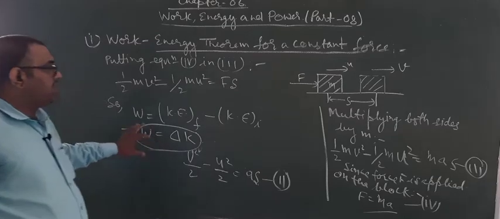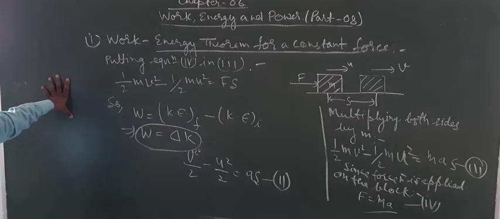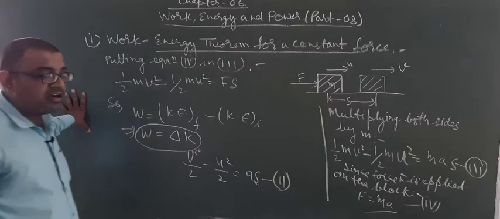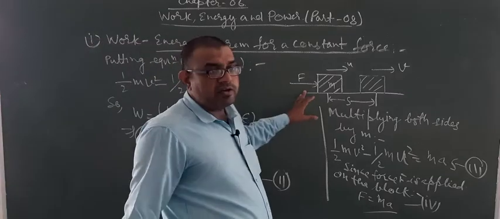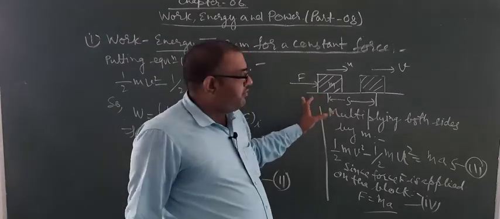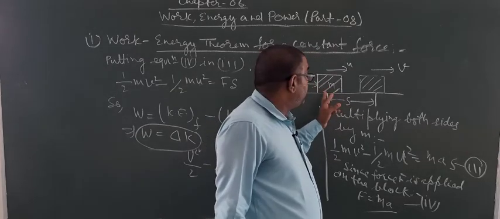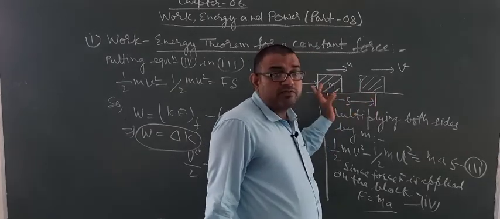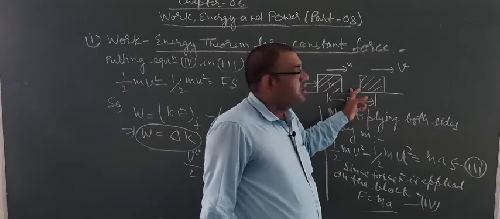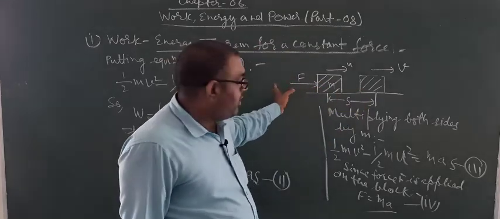So this is the work energy theorem we have proved under the action of constant force. Because dear students, this force F is not going to vary from initial position to final position. The applied force F is not going to be varied.